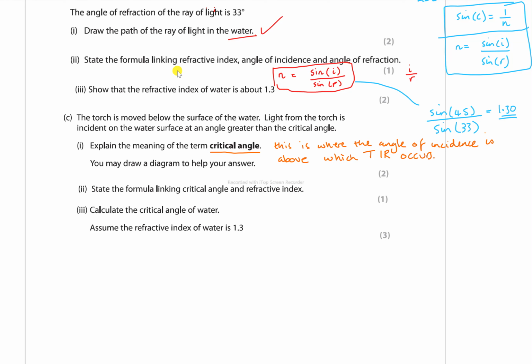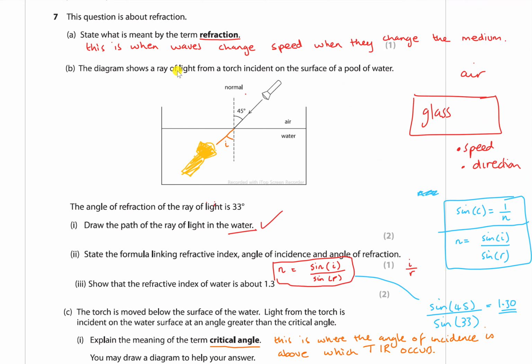So what we're trying to say is this: the angle's coming in, and if this is bigger than the critical angle, you get total internal reflection. If it's equal to the critical angle, it'll run along the boundary that way.